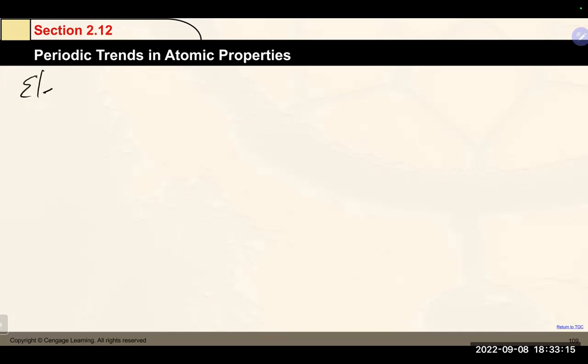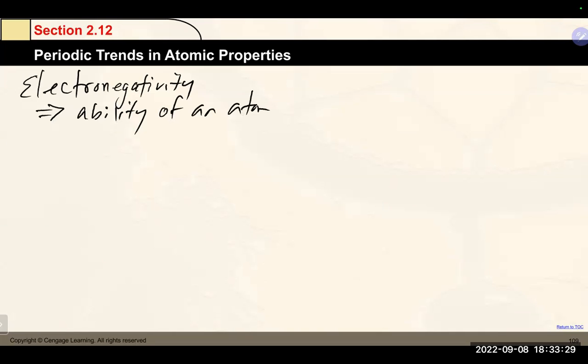Electronegativity, which again is different than electron affinity, is the ability of an atom to bring electrons towards itself. Electron affinity is the energy change that occurs when an atom gains an electron. Electronegativity is the ability of an atom to bring electrons towards itself to eventually gain or share electrons. So there is a slight difference in the meaning of those two.